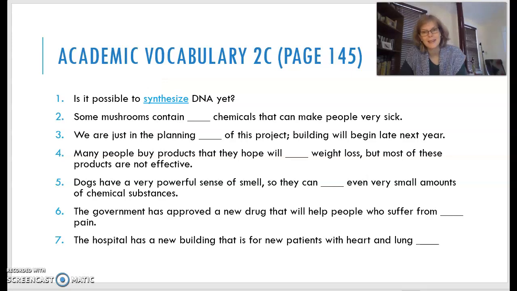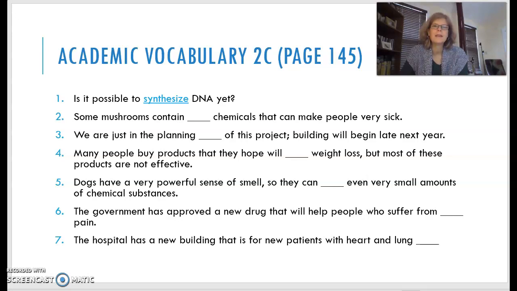So I said synthesize. Some of you may have said sequence. I used sequence in another answer. Sequence could work as well, to sequence DNA or to synthesize DNA yet. Either one could work. We're going to see where I used sequence in another one.